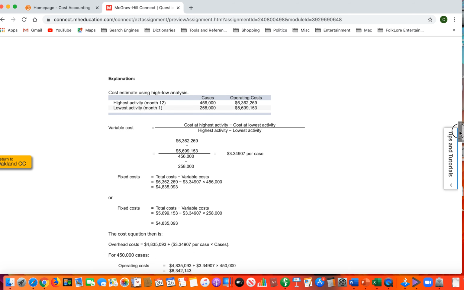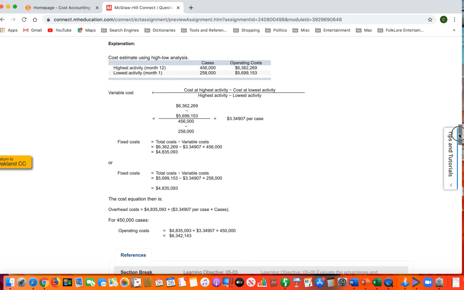And again, this is how they did it. Oh, they took it to 5 decimal places like I did. We got the same numbers. They have the same numbers I do. 4,835,093 plus 3.34907, which is what I got, times the 450.